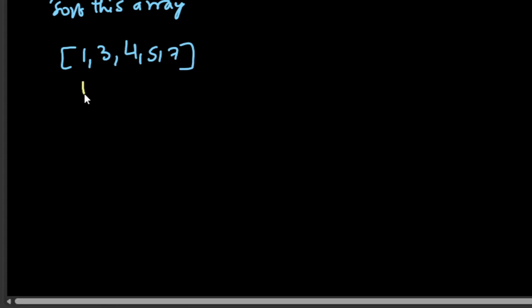Let's assume I have fixed this first element, 1. Now what is the target given to us? The target sum is 12, right? The sum given to us is 12.